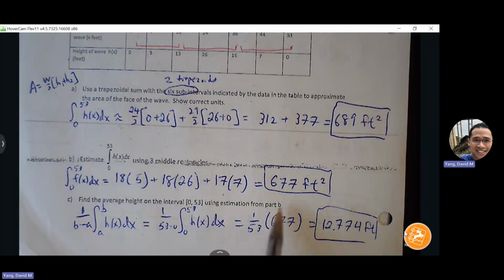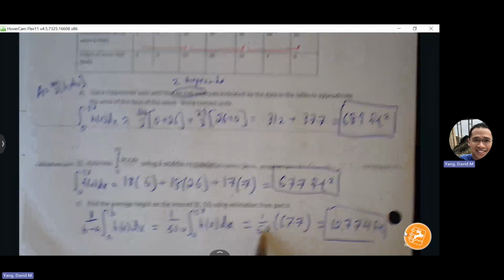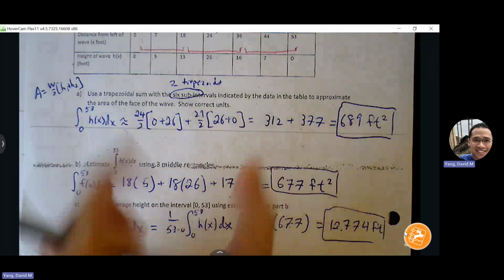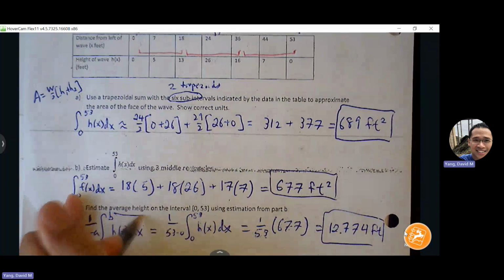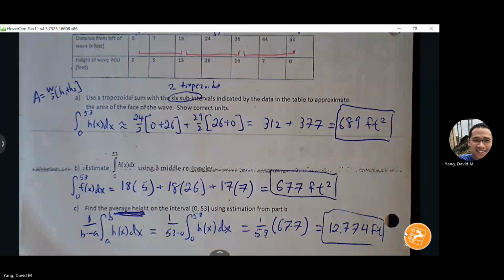So 677, the units here is feet squared. 53 is the width, that's in terms of feet. So feet squared divided by feet. I'm back down to feet, which is average height, the units that we expect for average height.